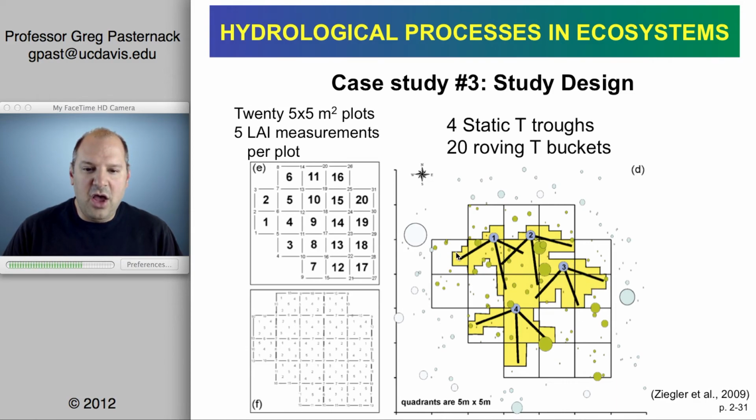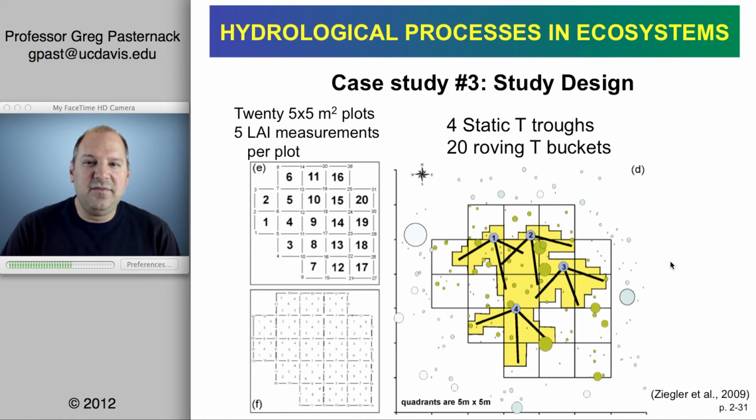And so the yellow polygonal area illustrates the canopy that's draining to the troughs. In addition to those 4 static troughs, they had 20 roving buckets that they put in different locations during different storms. So the key question here, which is why I'm showing this to you, is not so much the spatial pattern, which is interesting, but it's more that is there a correlation between throughfall and leaf area index?